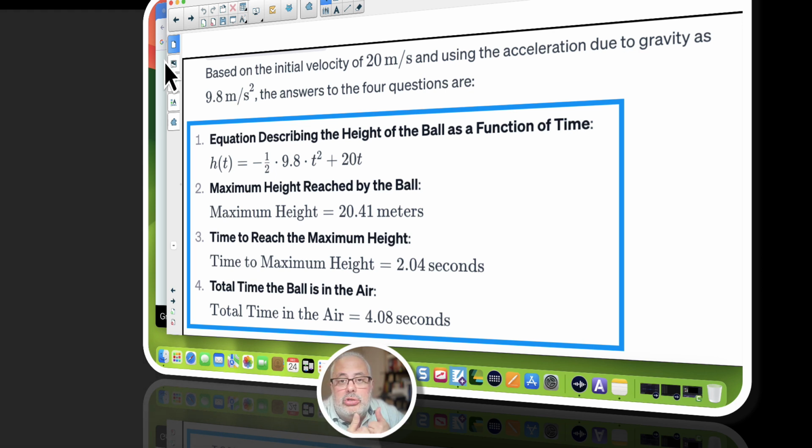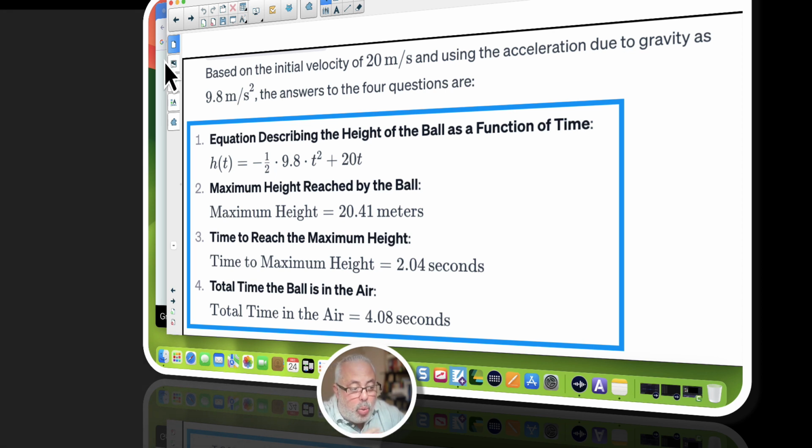Give us an equation describing the height of the ball, the maximum height reached by the ball, typical and classic quadratic question, time to reach the maximum height, and total time the ball is in the air. So using that equation, we can answer all the 4 questions.